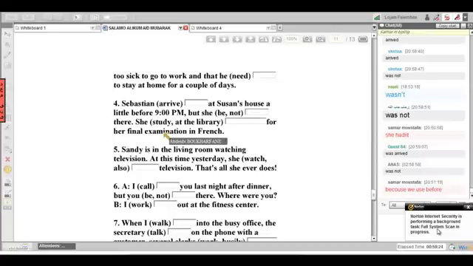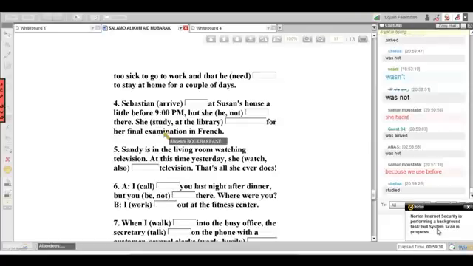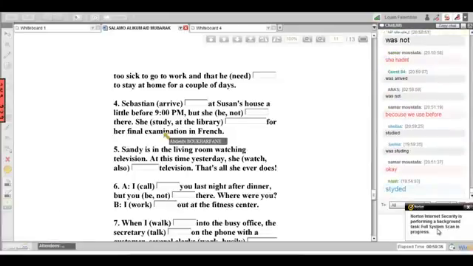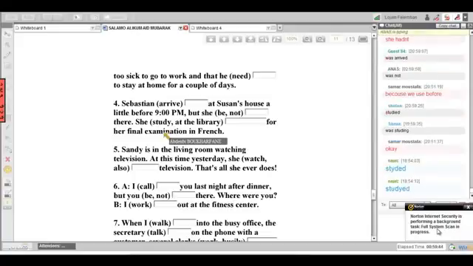Third one, the doctor say that Tom be too sick to go to work and that he need to stay at home for a couple of days. Okay, the doctor said that Tom, the verb be, Najat, is false.